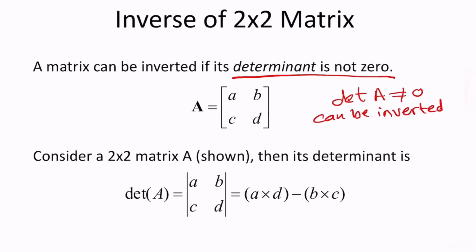Okay, so consider a 2 by 2 matrix like the one shown below. Then its determinant, how do we find the determinant?